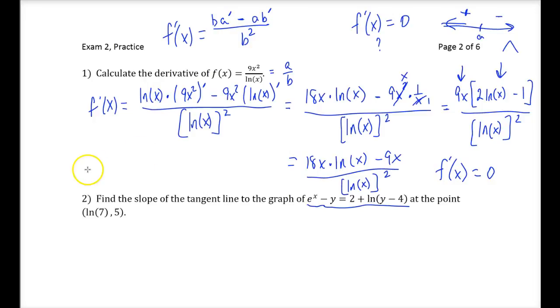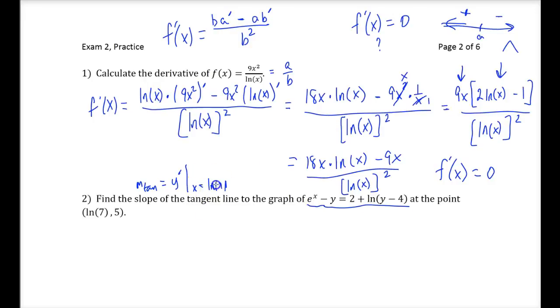So here, what we would have to do to figure out what the slope of the tangent line is, and anytime we want to find the slope of a tangent line, we're basically trying to find a derivative. So the slope of the tangent line for this case is going to be what y prime is when x is equal to natural log of 7. Or in particular, I'll write this another way.